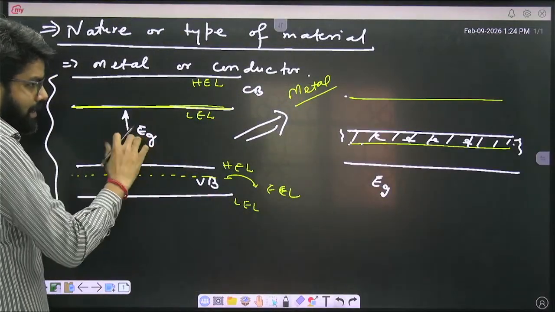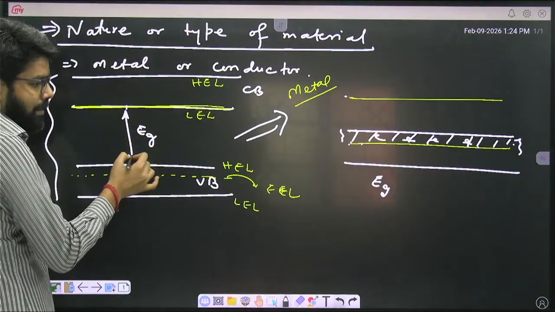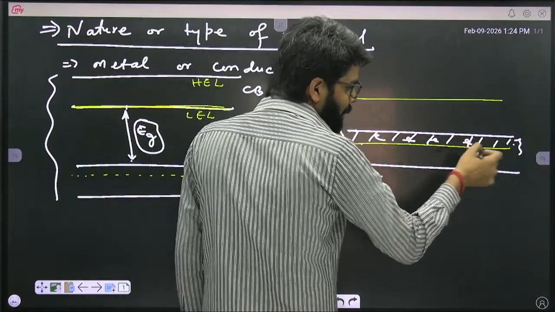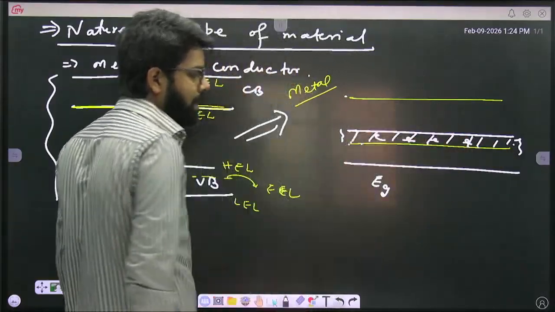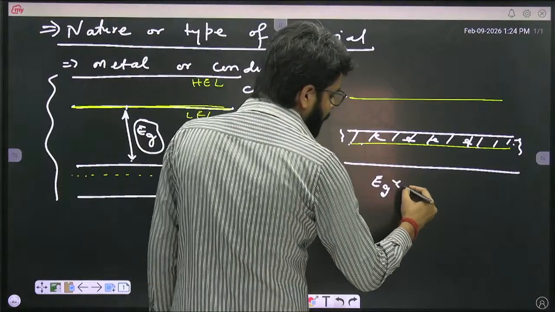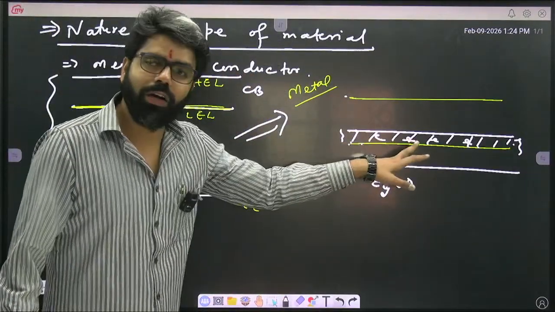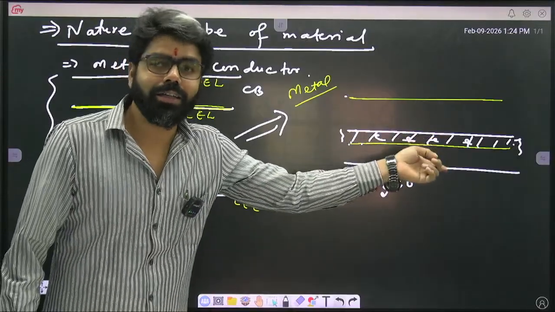The difference of energies between the conduction band and the valence band is called the energy gap. Here there is an overlap between the valence band and the conduction band, so the energy gap is approximately 0. Electrons are already in the conduction band, and that is why they can conduct electricity.